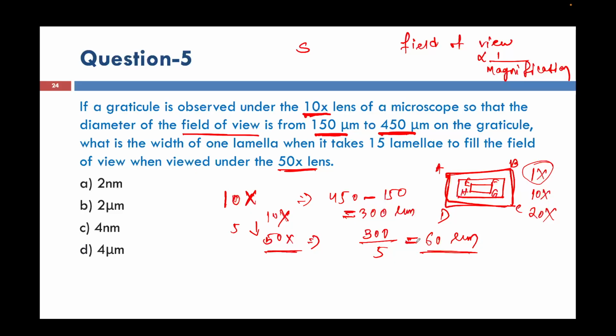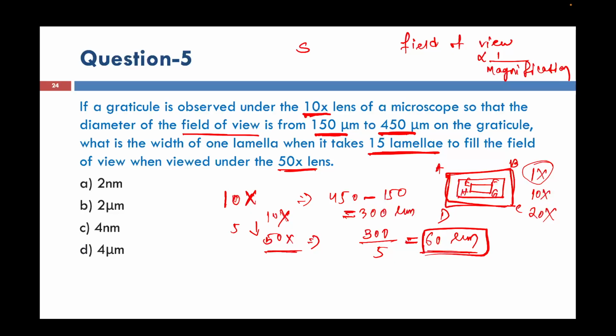It has asked that it takes 15 lamella, how much... to see this 60 micron field of view, I might not necessarily use one lamella. I might use different sets or combinations of lamella.